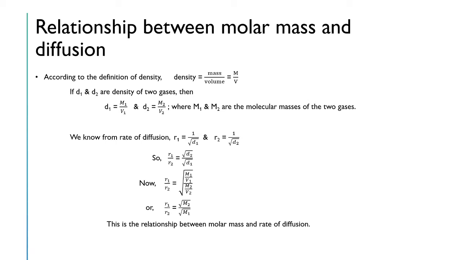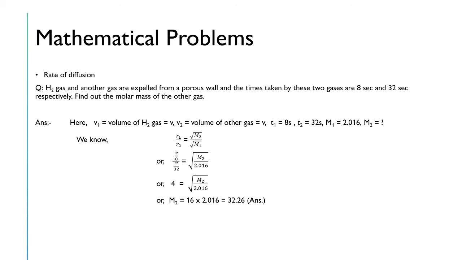So this is the relationship between molar mass and rate of diffusion. So technically, rate of diffusion is inversely proportional to the square root of the molar mass of that gas.